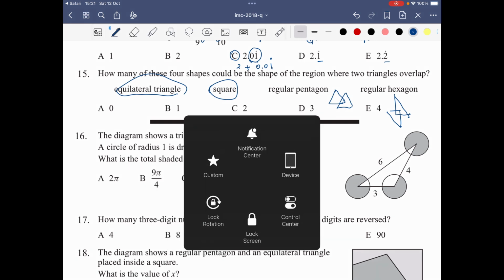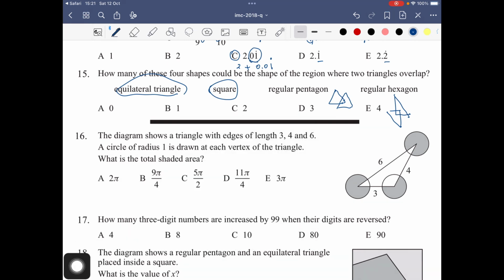Regular pentagon, regular hexagon, it doesn't look very much possible. I mean hexagon, but pentagon, let's say 3 and, how can we make it?